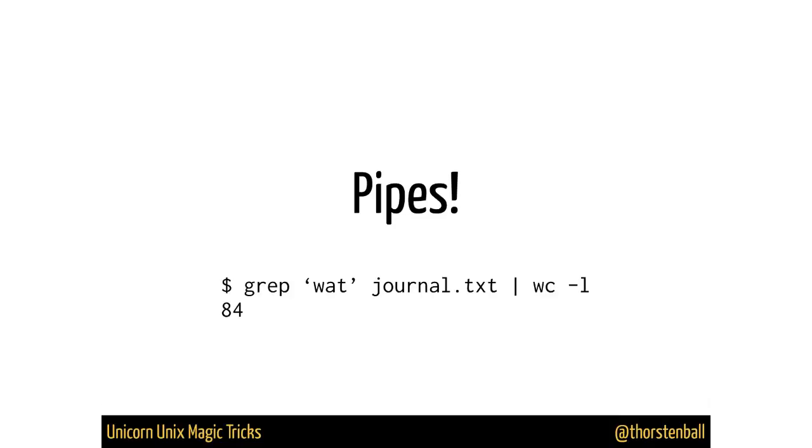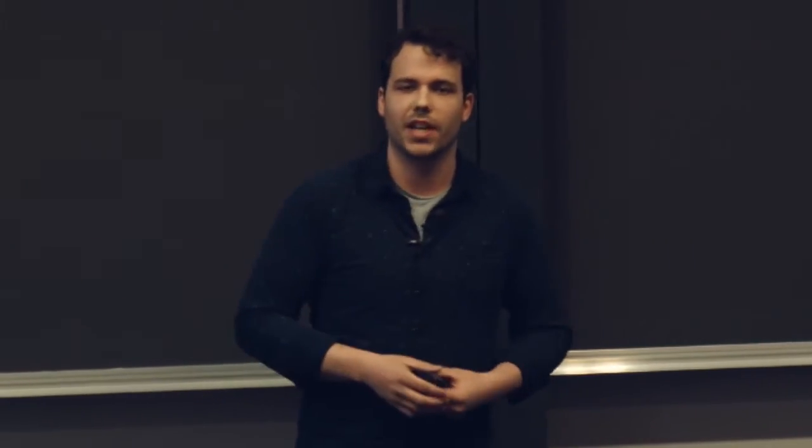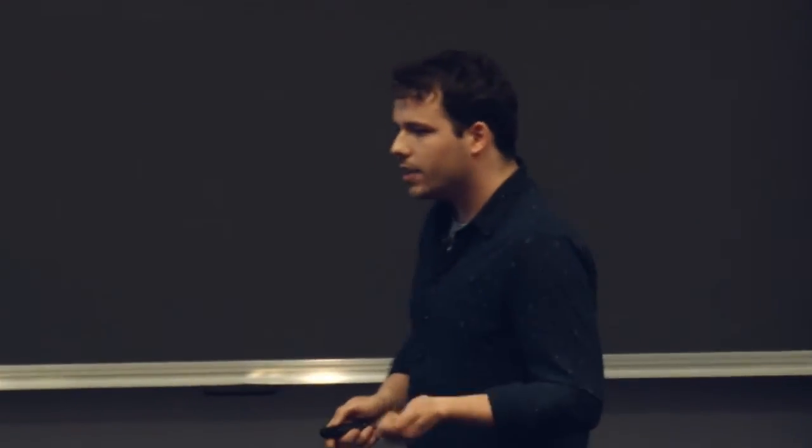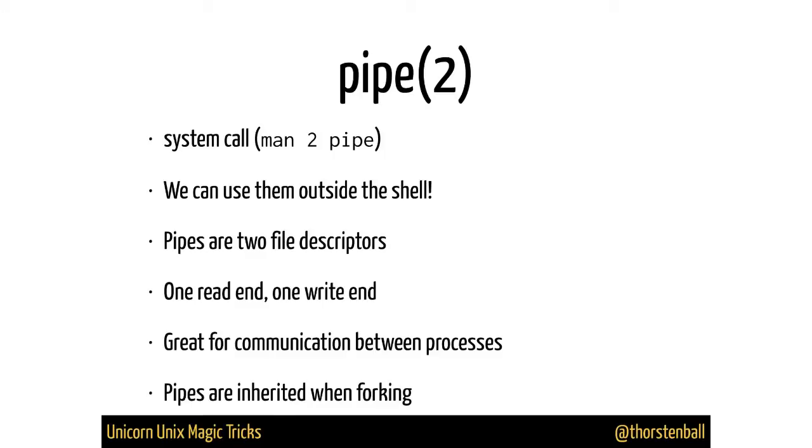I guess the majority of you have used pipes before. You use the output of one command as the input of another command. But we can use pipes outside of the shell with another system call, which is surprisingly called pipe. If we issue pipe, we get two file descriptors back. File descriptors are numbers.